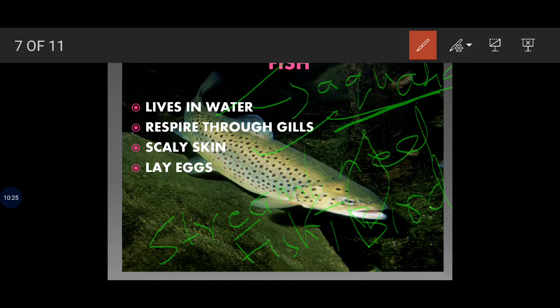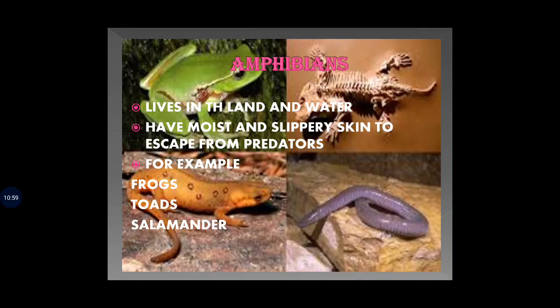They do not have lungs, because gills are modified to absorb the respiratory gases which are dissolved in the water. On the surface they possess scaly skin. Scaly skin helps them in many ways, like protecting their body from getting damaged due to the harshness of water, and from any kind of injury that may happen to them inside the water. And they reproduce by laying eggs.